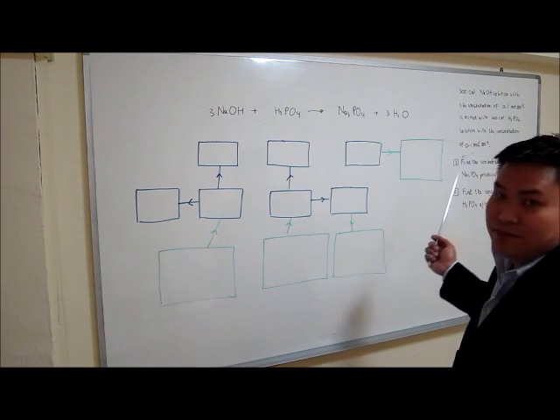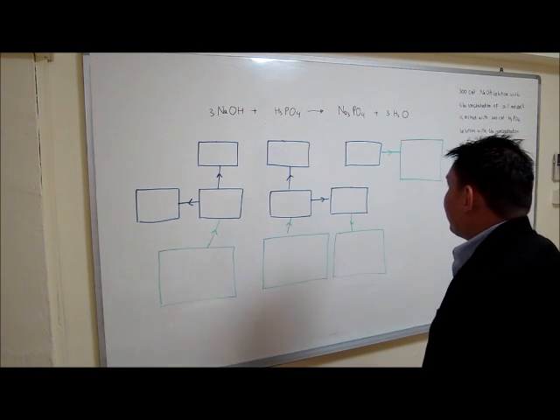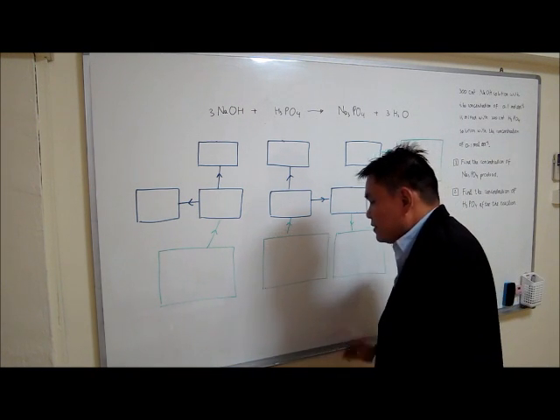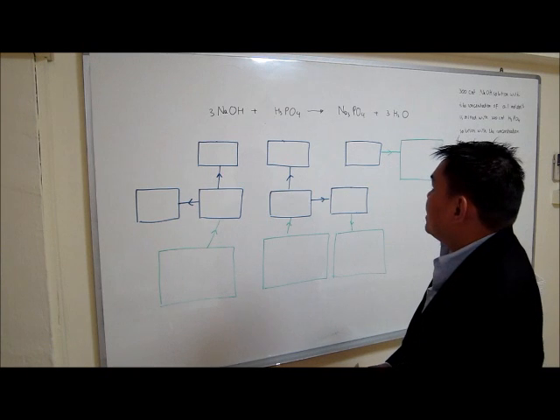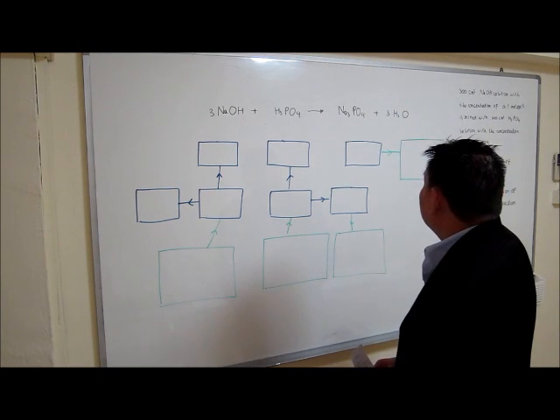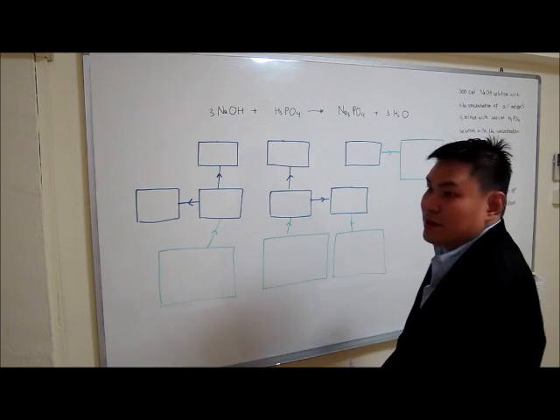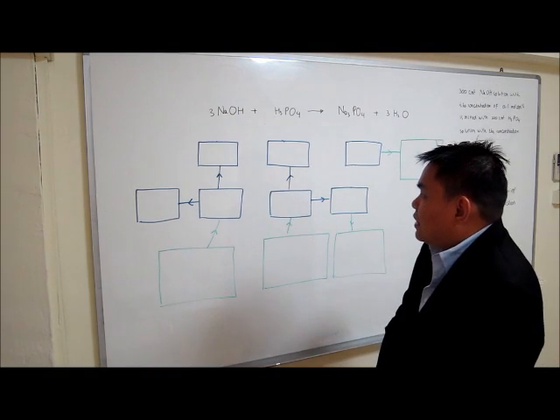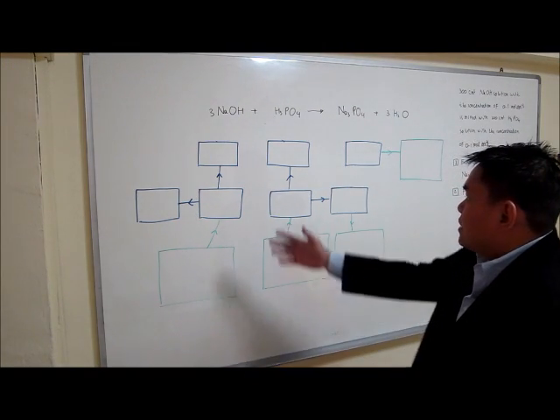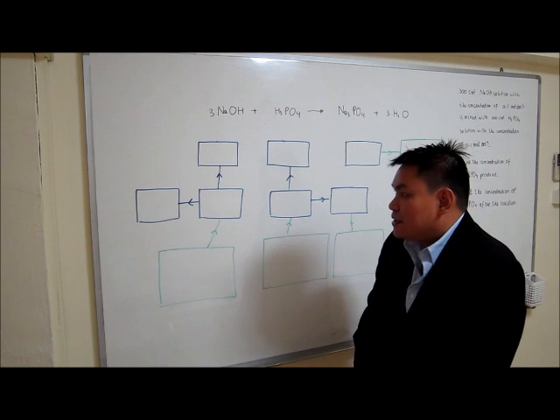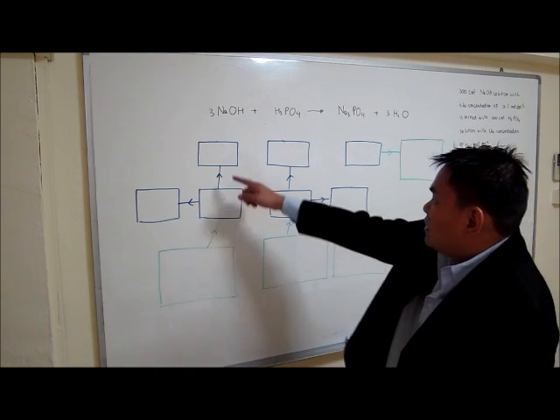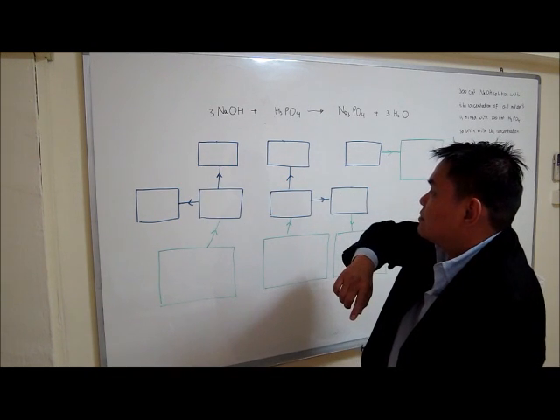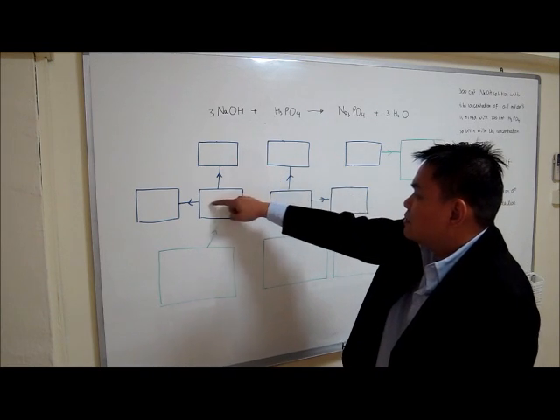Now, the question looks a bit complicated, but I find a way to explain to my students and they usually understand. The way I explain to my students is using this pattern. I standardize the blue box.